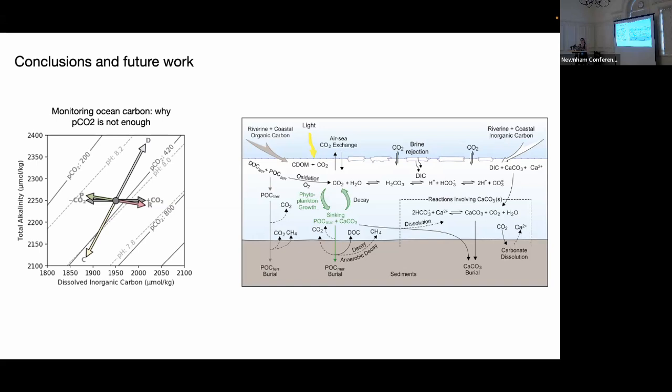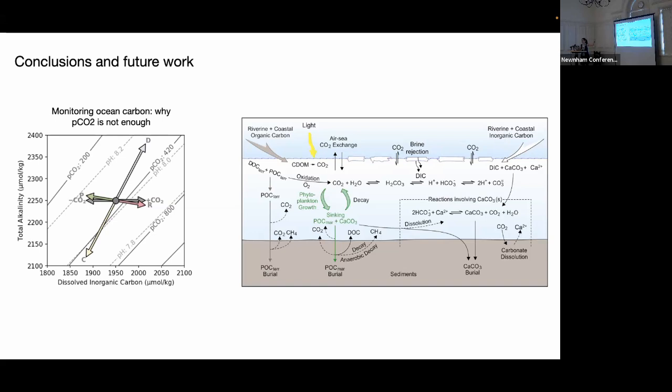And then the question is, if we do that and we implement this design, are we done? Are we sorted, can we then reconstruct the ocean carbon cycle? Well, not really. The point is really in both plots. I don't even know all the details of it, but carbonate chemistry just got way more complicated than what I showed you before.